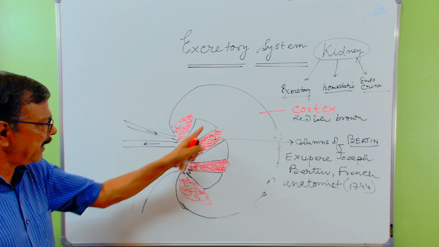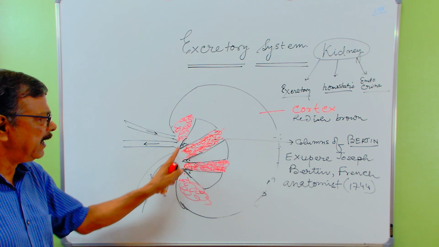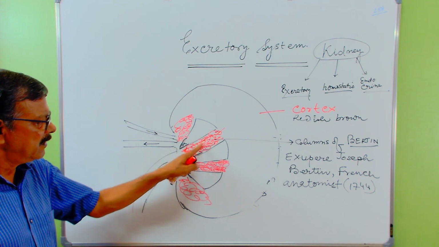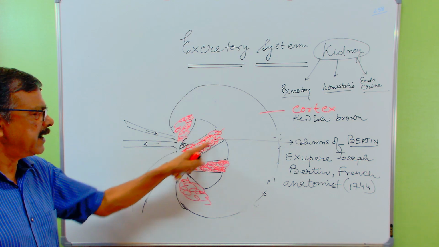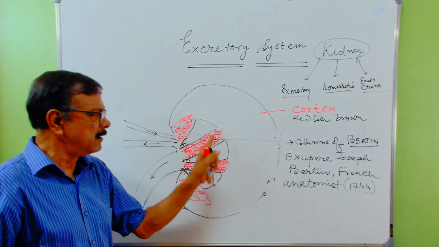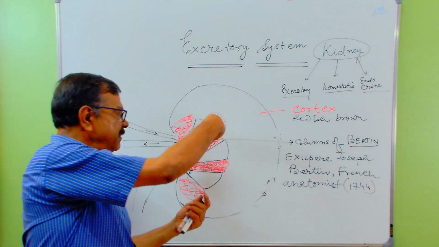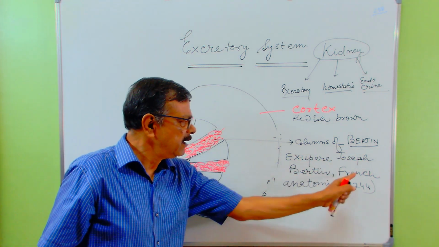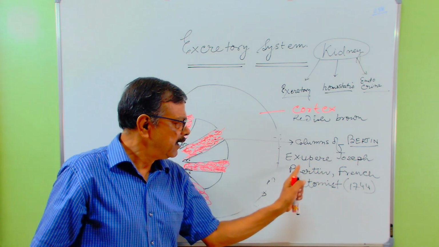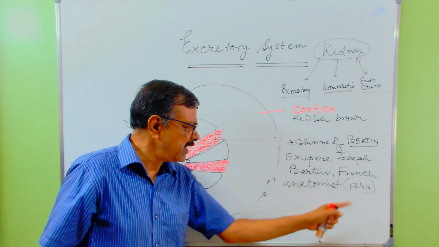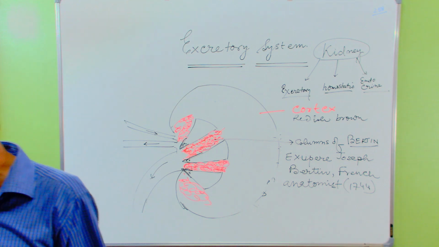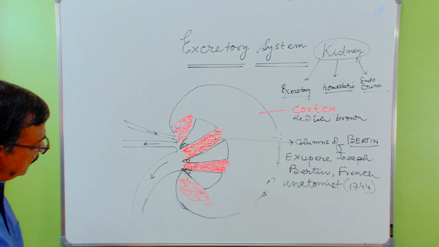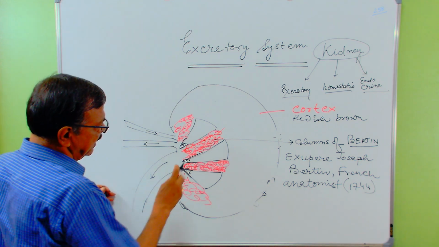So this is the apex or papilla. This is the base of the renal pyramid. These lateral boundaries of the renal pyramids are invaginated by columns of Bertin, named after Exupère Joseph Bertin, French anatomist, in 1744.